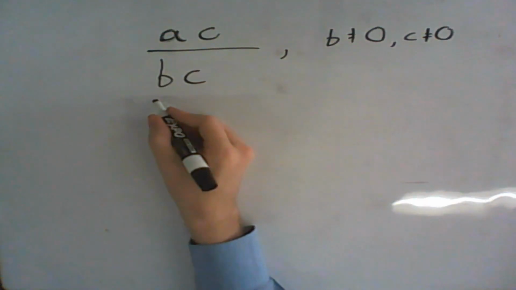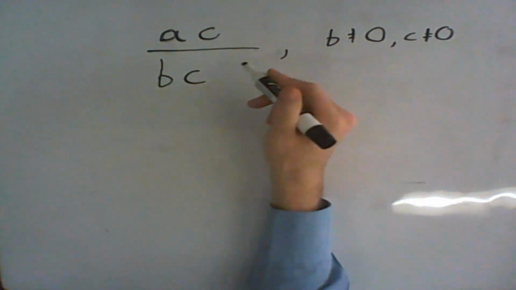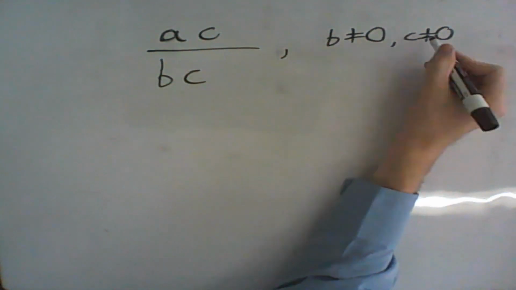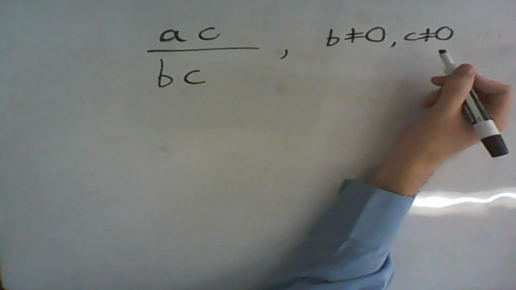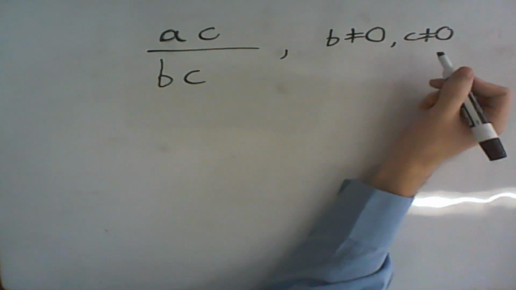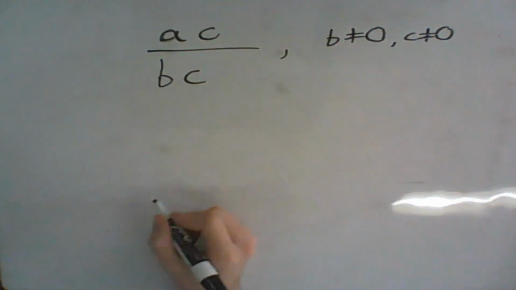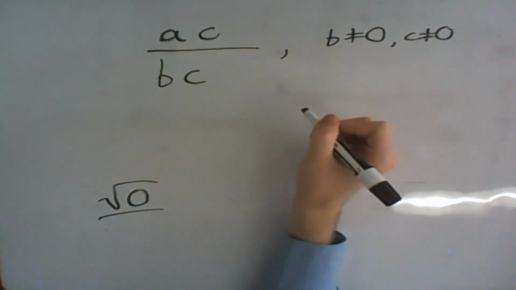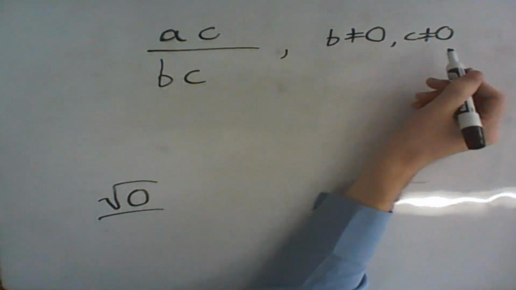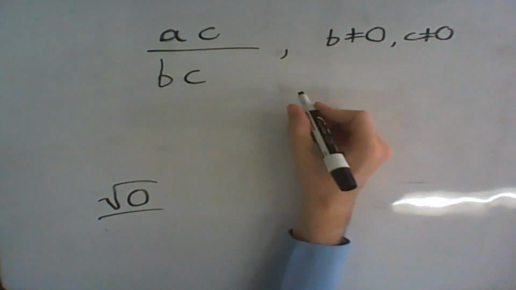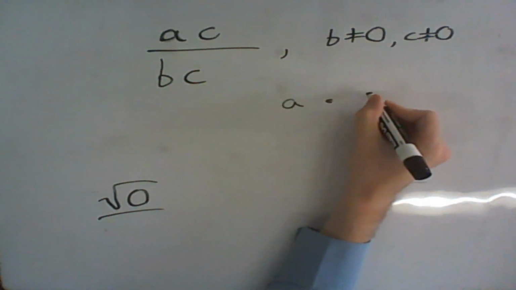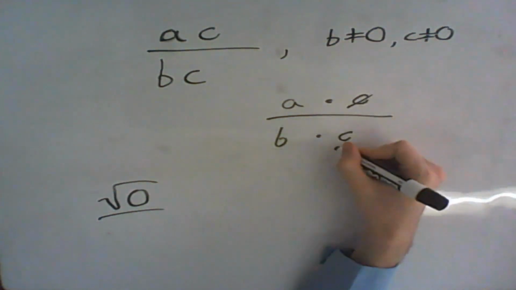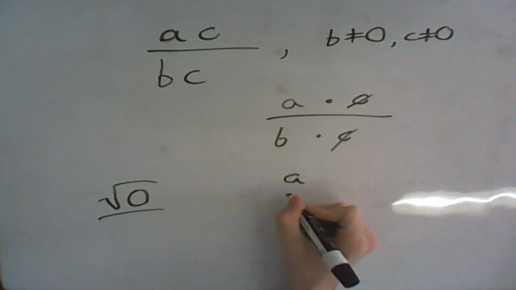Because if they equal 0, that is our excluded value right there. If b and c are not equal to 0, then we can simplify this by canceling out c. So we get a over b.